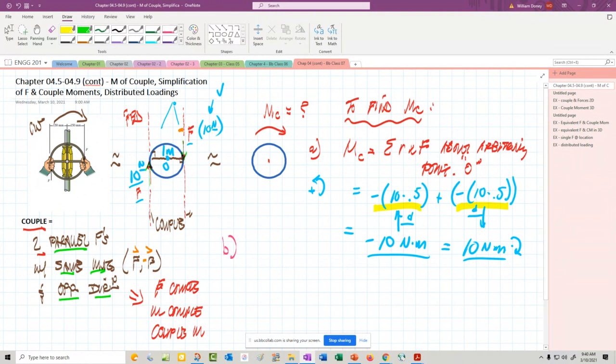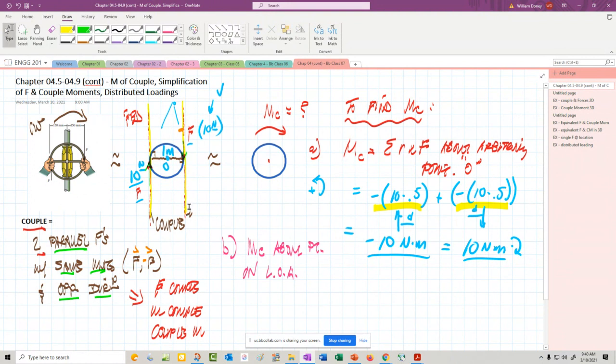So what would be the second way we could solve this? The second way is to take the moment about a point on the line of action. Here's a line of action, and here's a line of action.